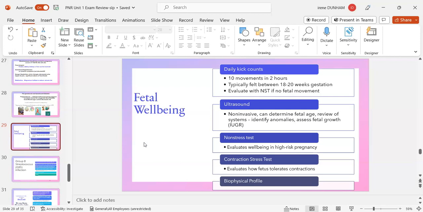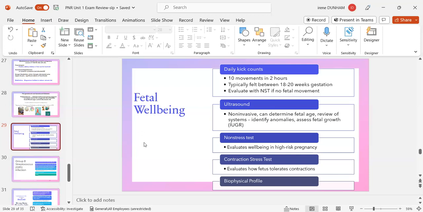And what we're doing is seeing how this baby tolerates these small contractions. And if the baby's heart rate goes down during a contraction, he's not going to tolerate labor. So that would not be a good test. So that's called a contraction stress test.